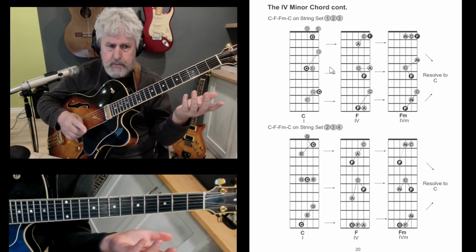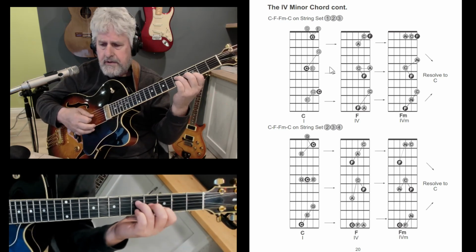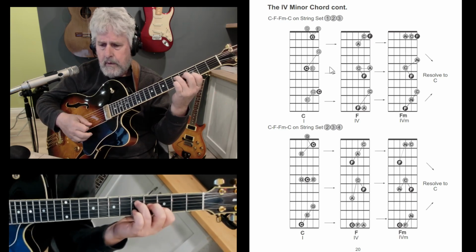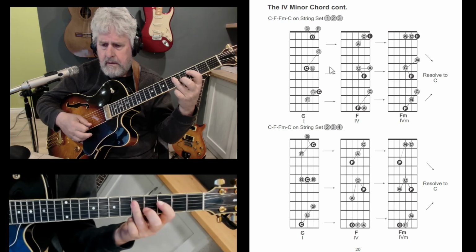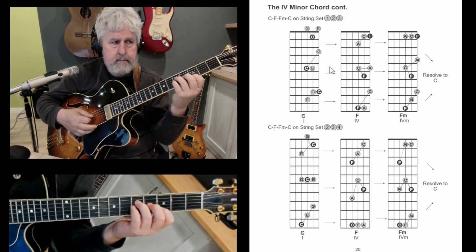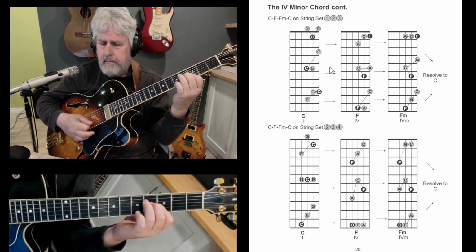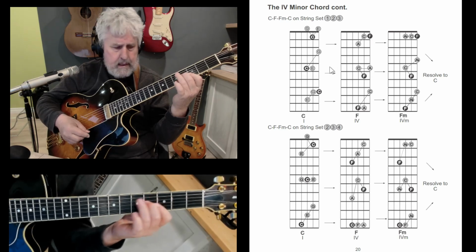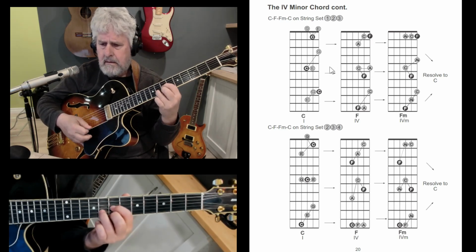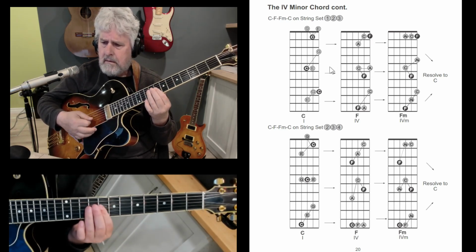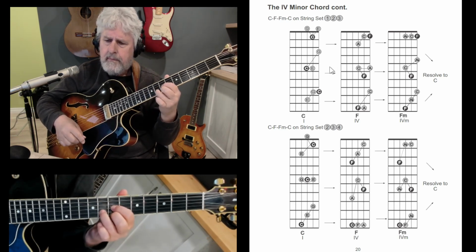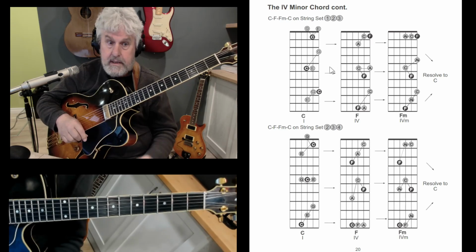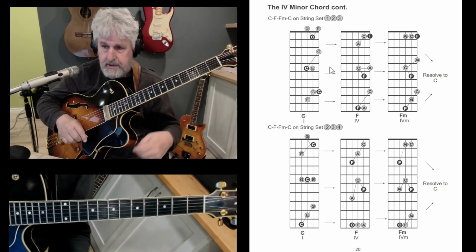If I were to just move to the key of G, you can see that, right, I'm using the same voicings as I did with the C major in the key of C major.